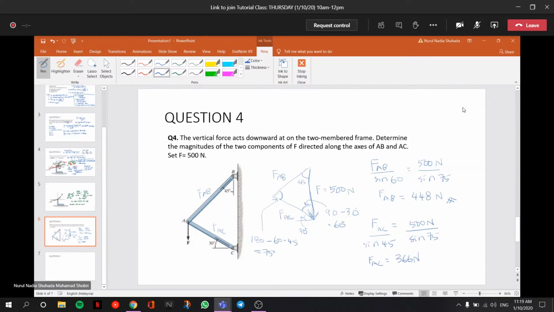Okay. Are you guys clear with question number 4? How to get the angles and also the forces?